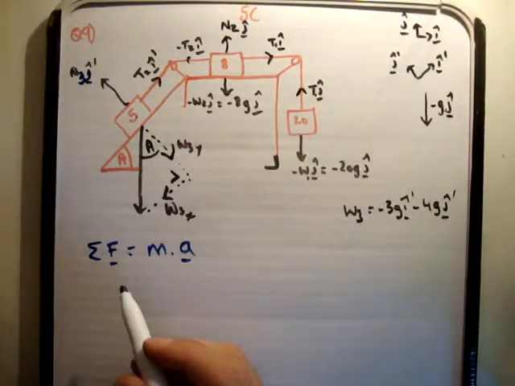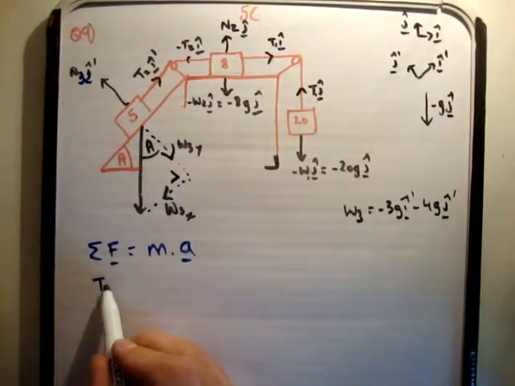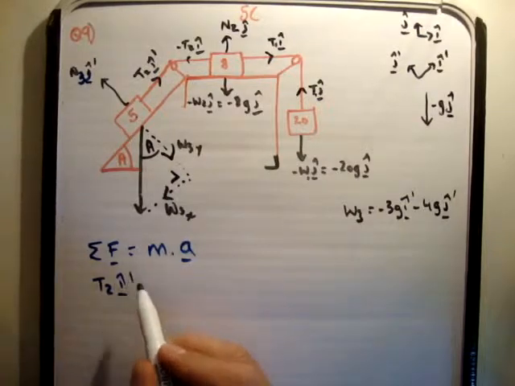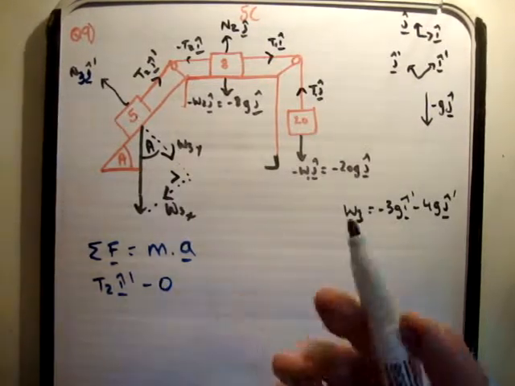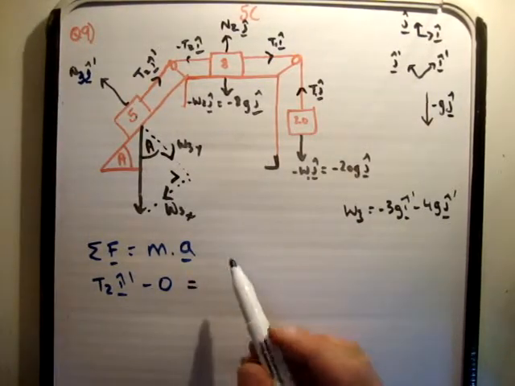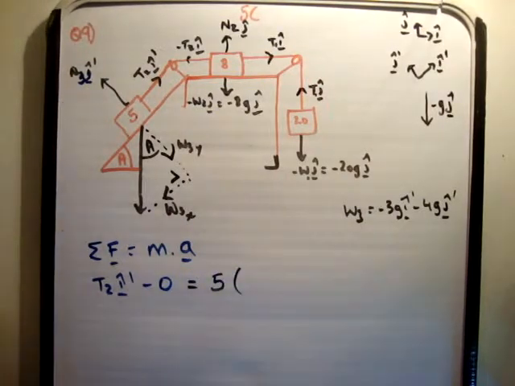So let's go about the i hat prime direction. We're going to get t2 i hat prime minus 0, because there's nothing else there, is equal to the mass, which is 5, times the acceleration vector. So let's decide which way we think the whole thing is going to go. It doesn't matter, just pick one and you'll find out later whether you're correct or incorrect.